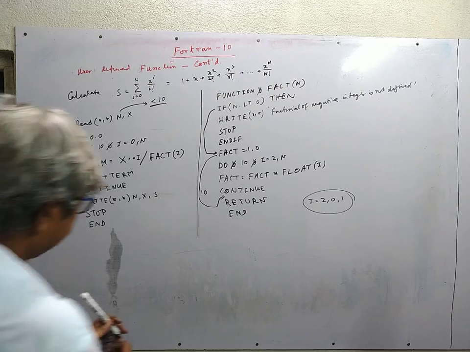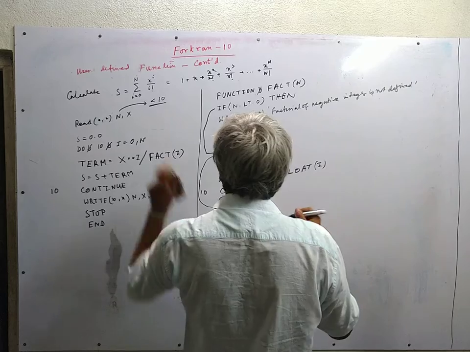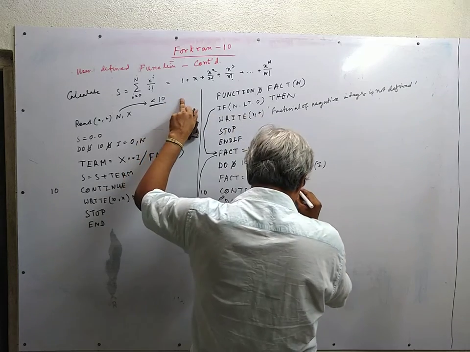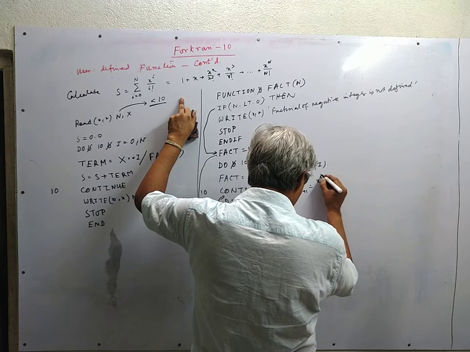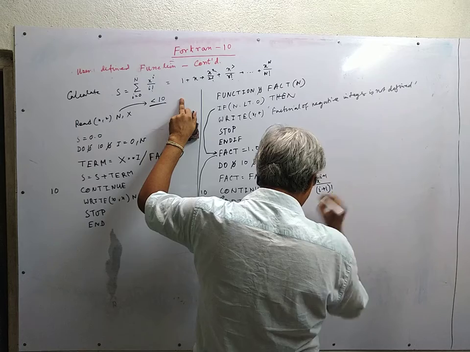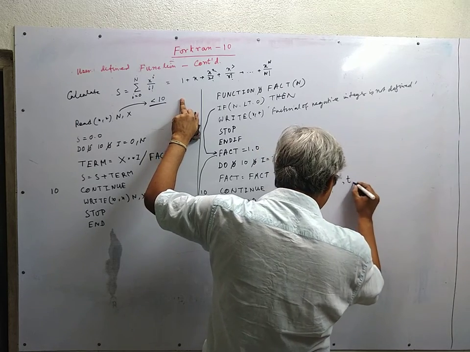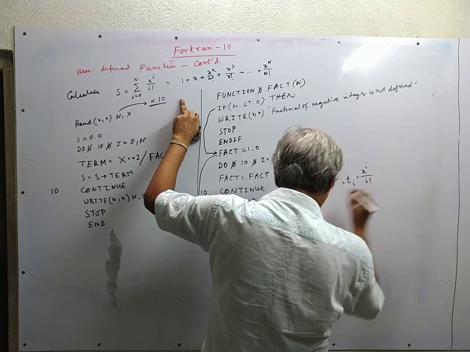Then we take a recursive relation, that is, we will never go to the factorial definition. Say t(i+1) is equal to x^(i+1) by (I plus 1) factorial, and t(i) is x^i by I factorial.